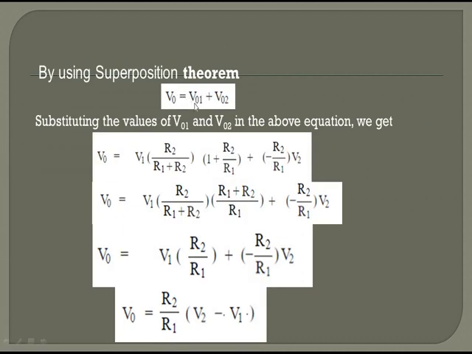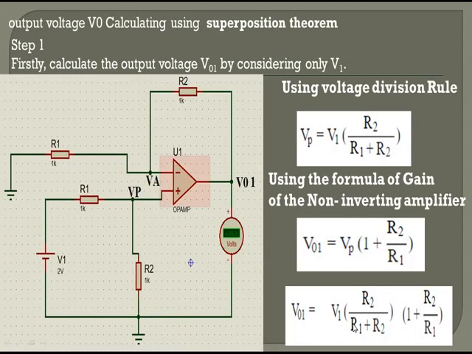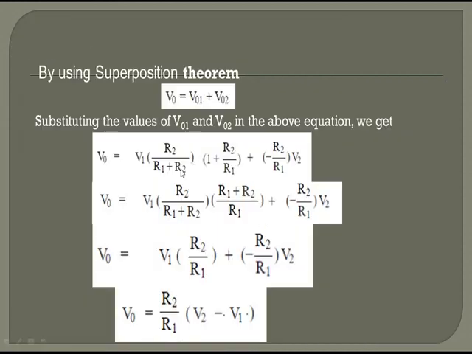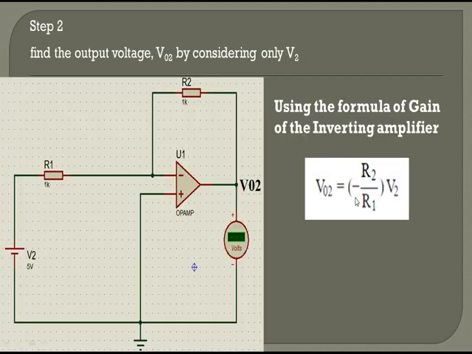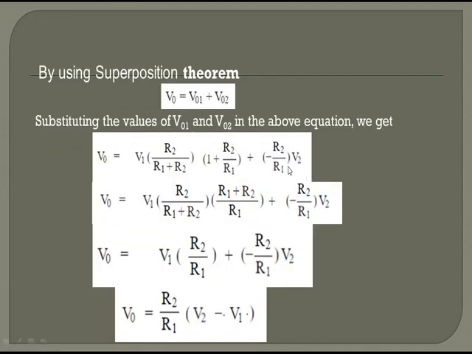So substitute the values of VO1 and VO2 in this equation. The value of VO1 is V1 into R2 upon R1 plus R2 into 1 plus R2 upon R1, plus the value of VO2, which is minus R2 upon R1 into V2.